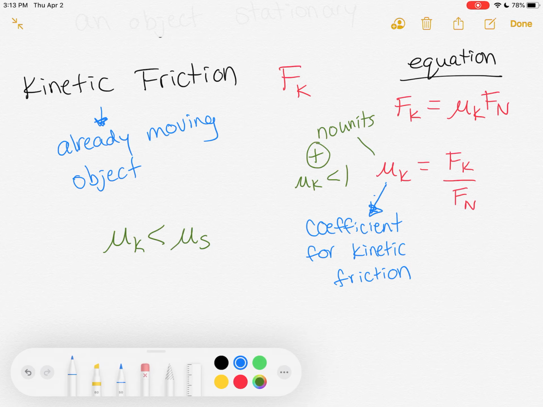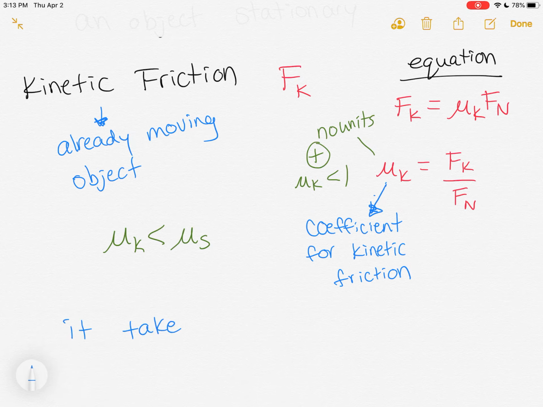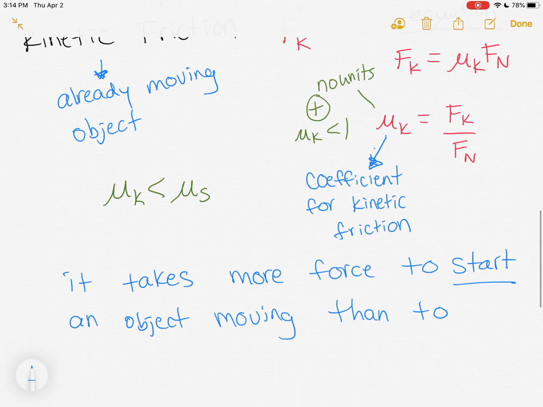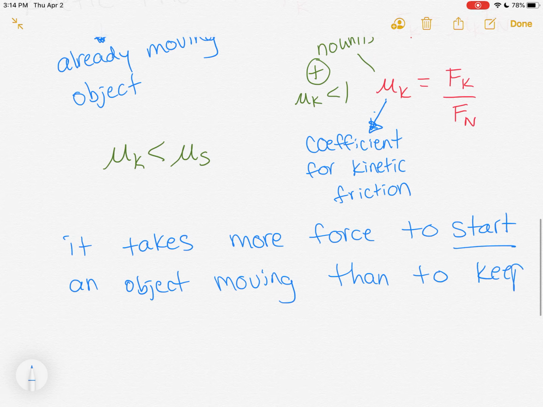Okay, and the reason for that, and you might have heard this saying before, it takes more force to start an object moving than to keep an object moving.